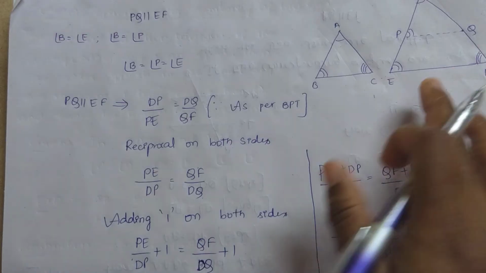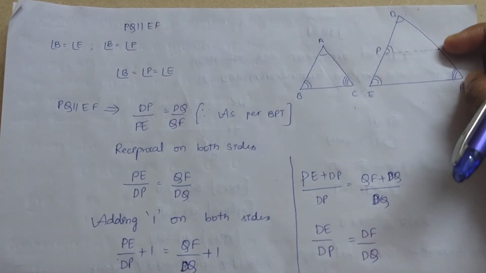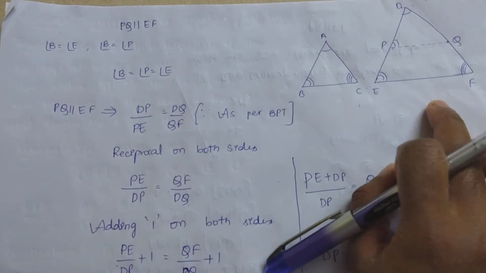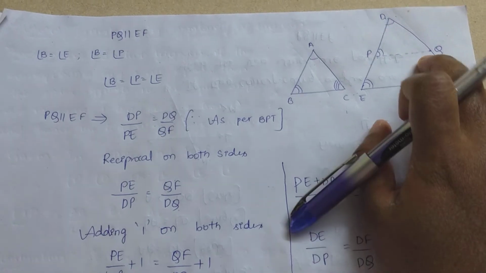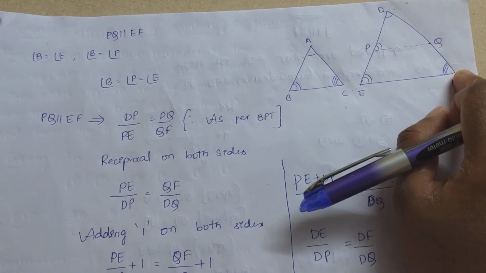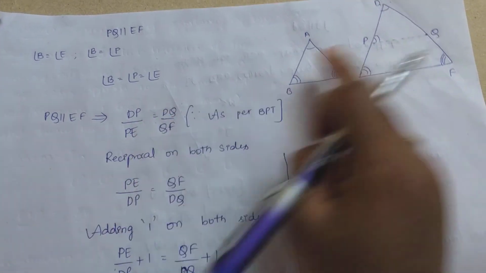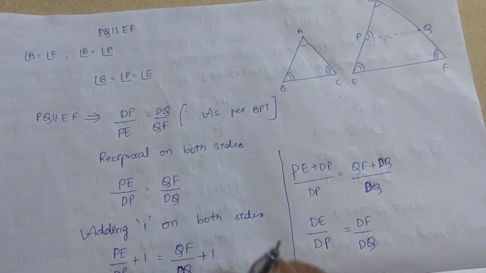After making these two lines parallel, let's apply the basic proportionality theorem, where when a line is drawn parallel to the third side, then this line divides the other two sides in the same ratio. It means that if PQ is parallel to EF, then DP by PE equals DQ by QF. Correct?